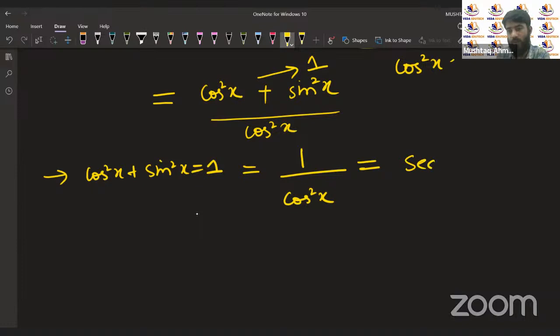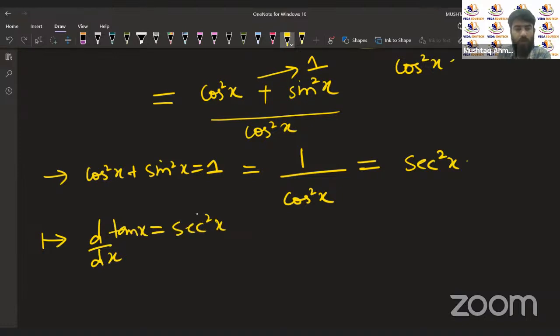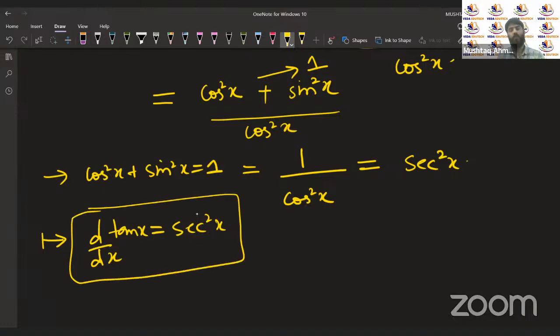So it will be sec square x. So the derivative of tan x is sec square x. So this is the final result that we get when we take the derivative of tan x.